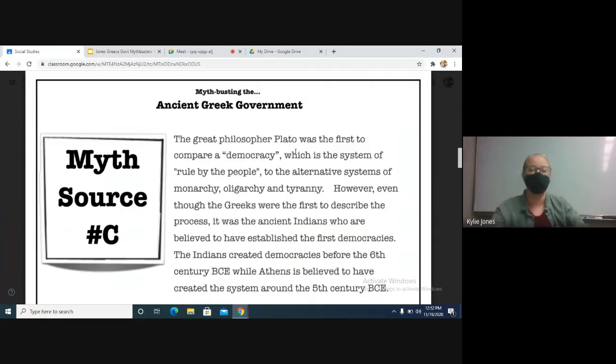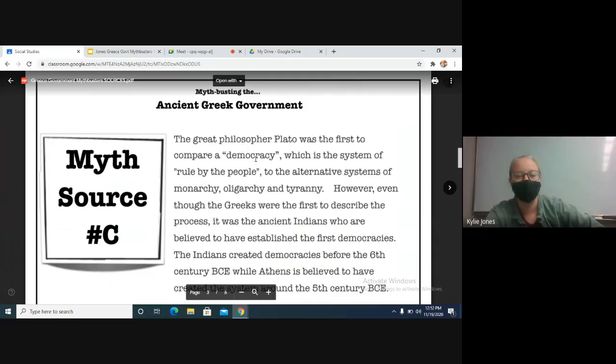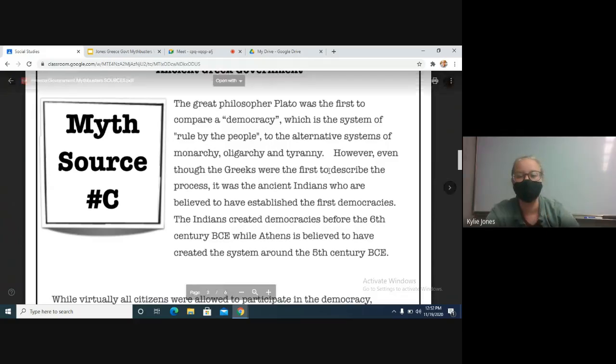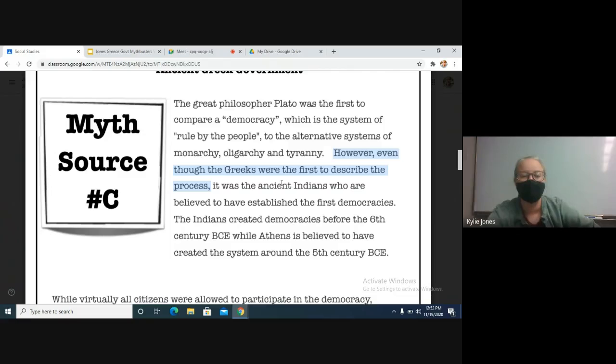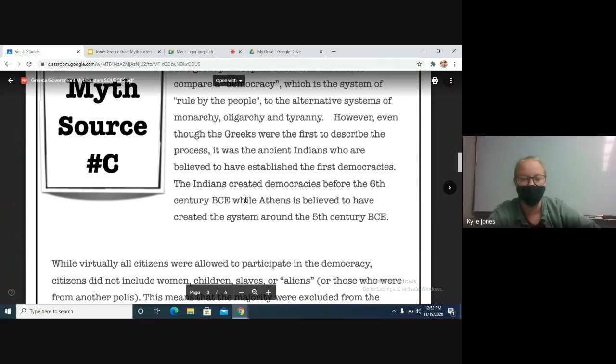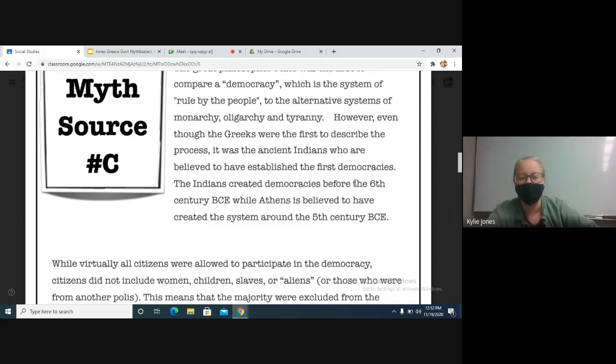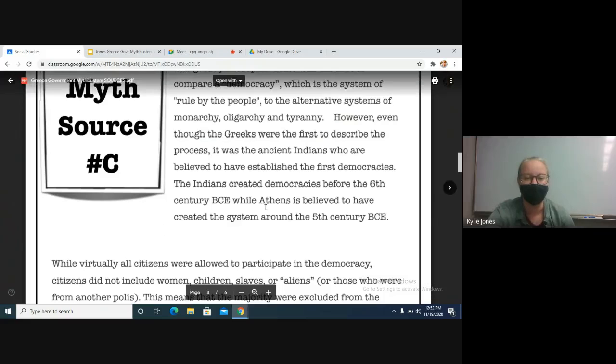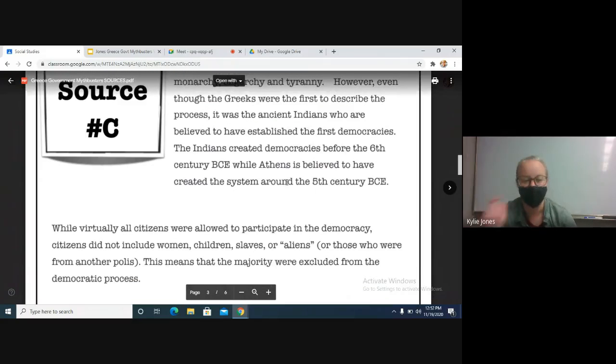It says, the Greek philosopher Plato was the first to compare democracy, which is a system of rule by the people, to the alternative systems of monarchy, oligarchy, and tyranny. However, even though the Greeks were the first people to describe the process, it was the ancient Indians who are believed to have established the first democracies. The Indians created democracies before the 6th century BCE, while Athens is believed to have created the system around the 5th century BCE.